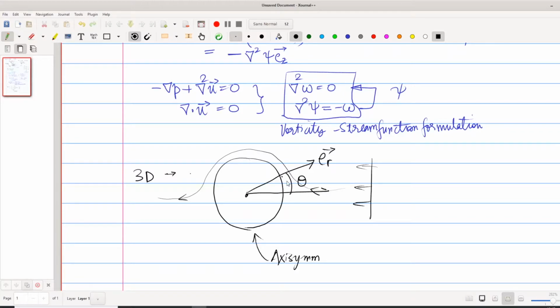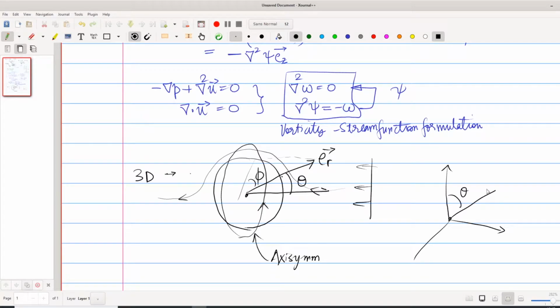Then this angle is theta, and the angle in this particular plane will be phi. Let me draw it in a Cartesian system so that you can understand.